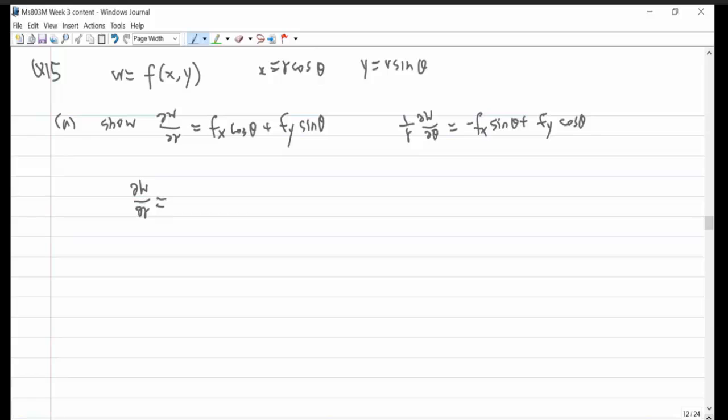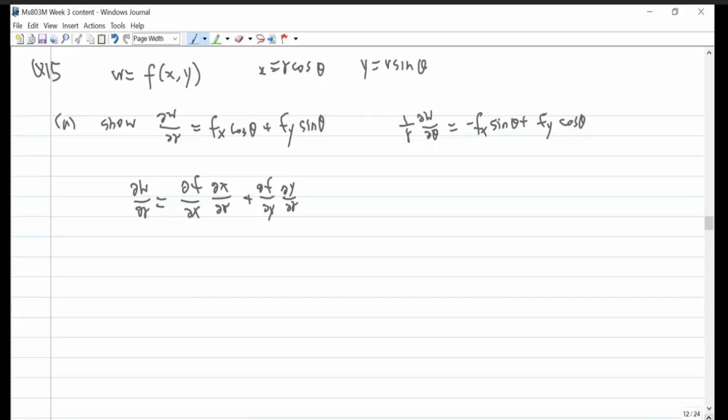So first, W depends on x and y, so you do partial differentiation with respect to x first, then partial differentiation of x with respect to r. And then plus partial differentiation of f with respect to y, multiplied by partial differentiation of y with respect to r.